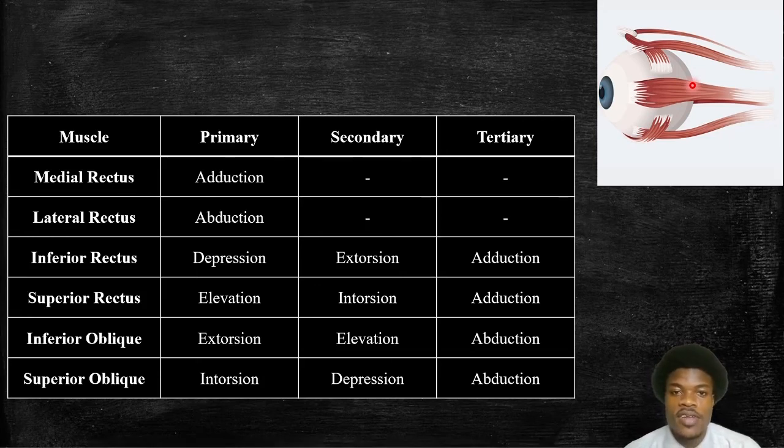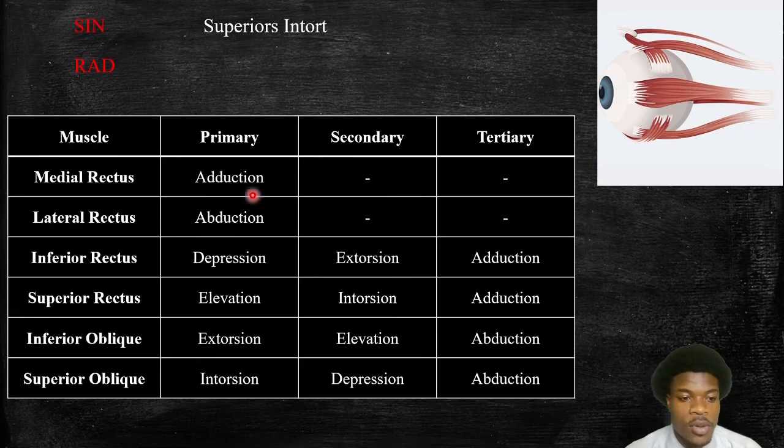One of the things we have learned in school as well is SIN RAD. And what SIN RAD is, it helps us to remember what some of the muscles do. So SIN actually means superiors intort. So when we look at our superior muscles, superior rectus, superior oblique, they help the eye to intort.